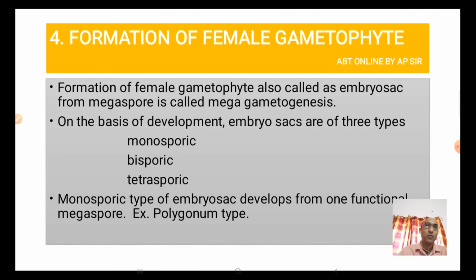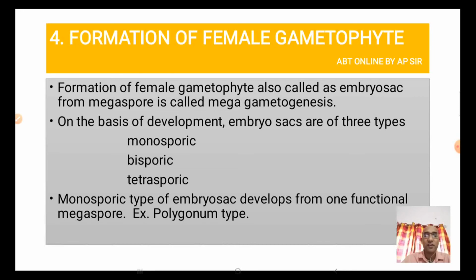Your microspore was giving rise to the male gametophyte, but here the megaspore is giving rise to the female gametophyte. Got it? On the basis of development, embryo sacs are of 3 types: monosporic, bisporic and tetrasporic. We will study the monosporic type of embryo sac. Monosporic, single spore, single megaspore.